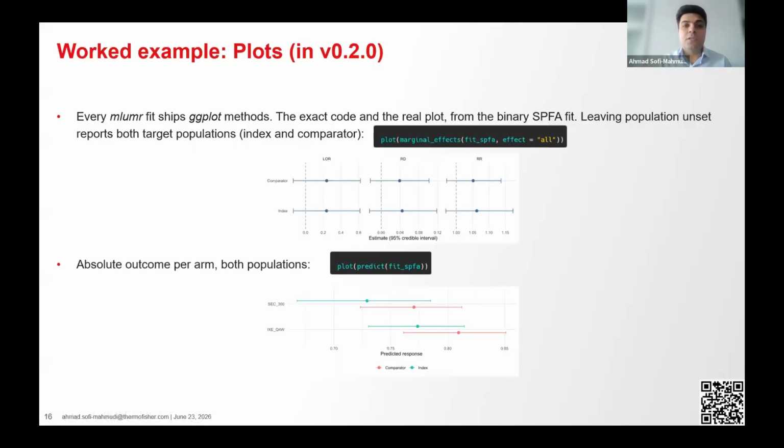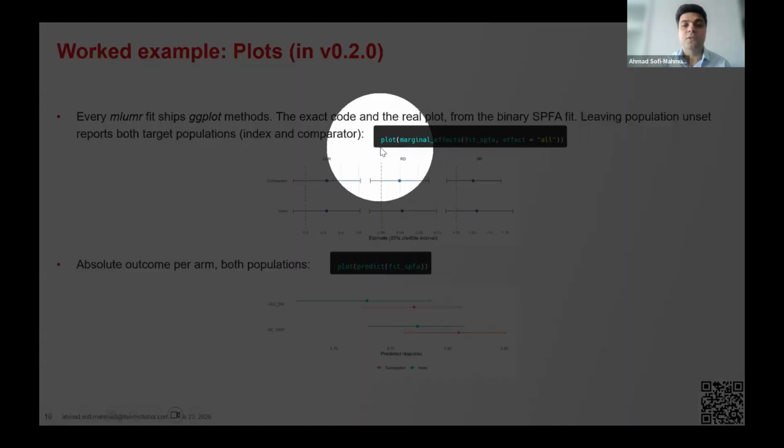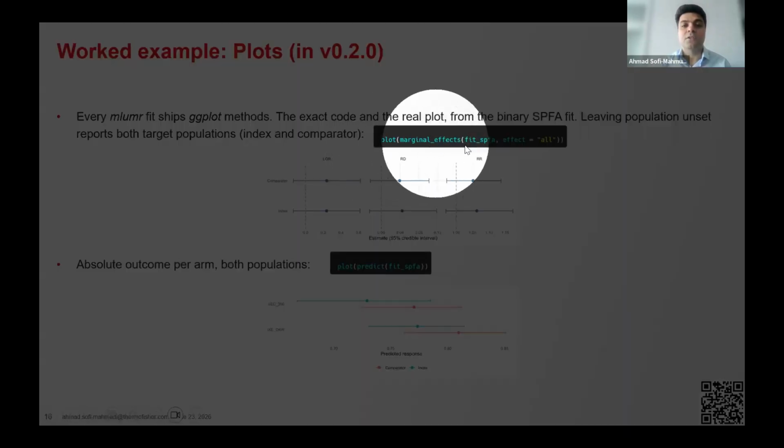We also introduced plots in version 0.20. Previously, the user needed to use ggplot or base R plots in order to plot the outputs of the mlumr, but in the newer version, you can simply use the plot function.